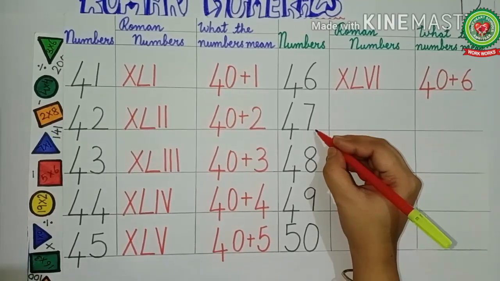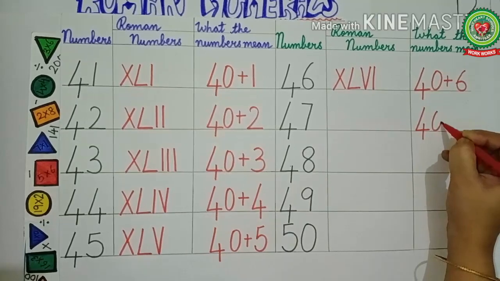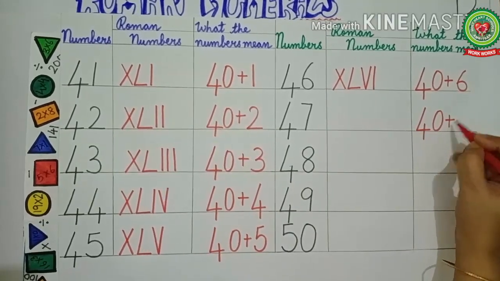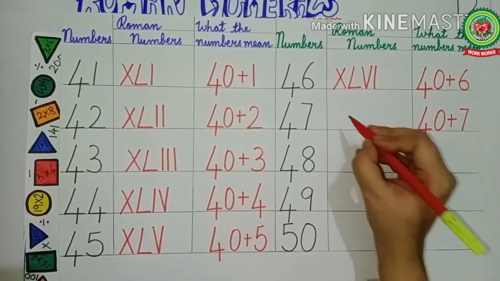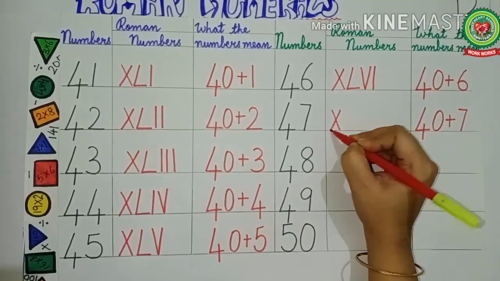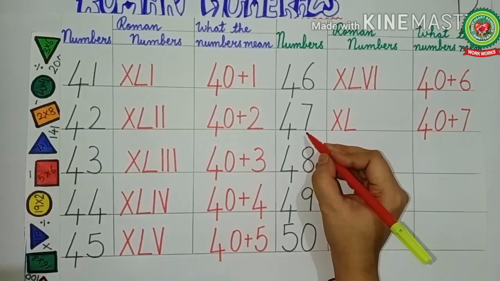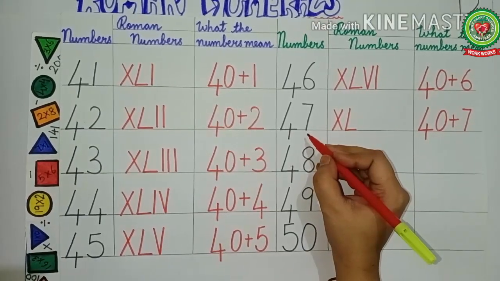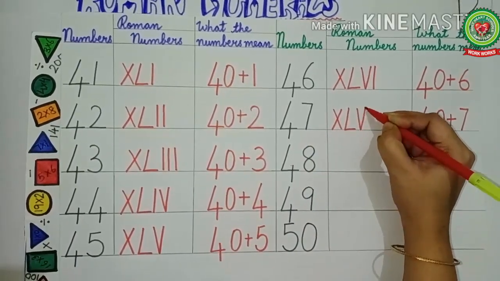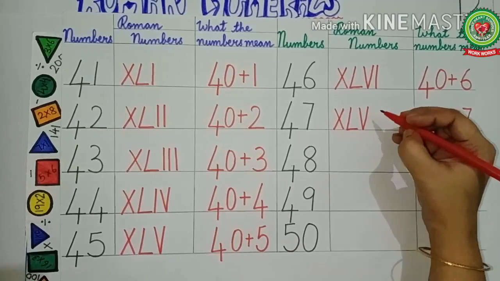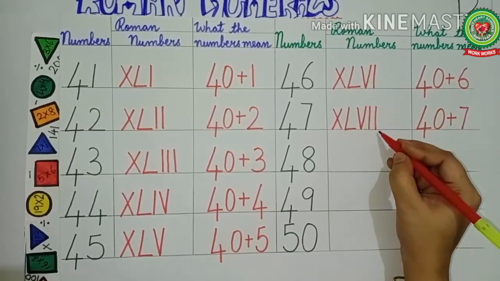Next is 47. Now 47 means 40 plus 7. Now how do we write 40 again? XL. Now what is the meaning of 7? 7 means 5 plus 2. So how do we write 5? That is V. How do we write 2? That is II. 47.